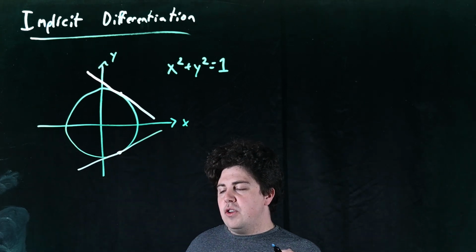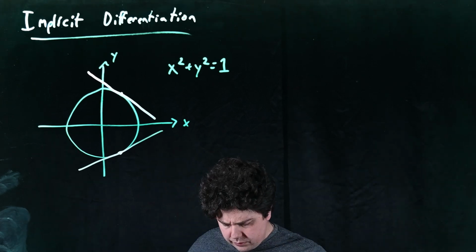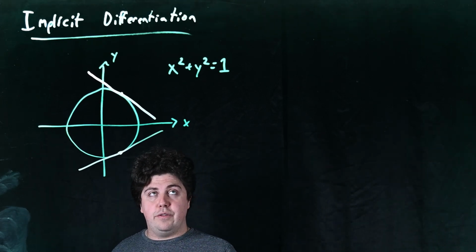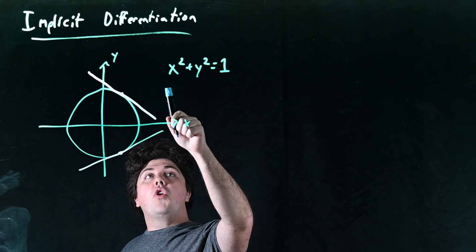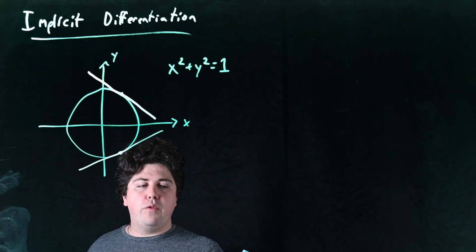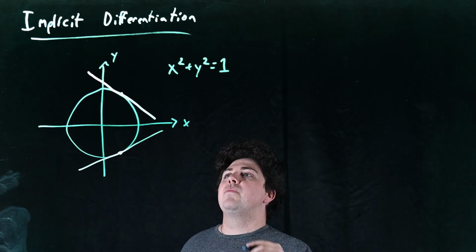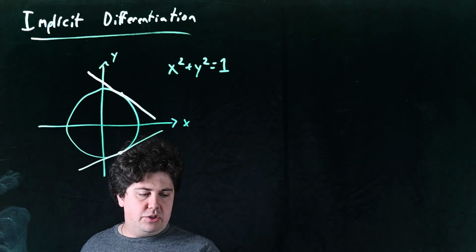So, if you will, this relation implicitly defines a function. So we're going to talk about how implicit differentiation works and how we can find a technique to not solve for y, but nonetheless find a way to solve for dy by dx, the derivative of y in x, which will spit out the slopes of these tangent lines.